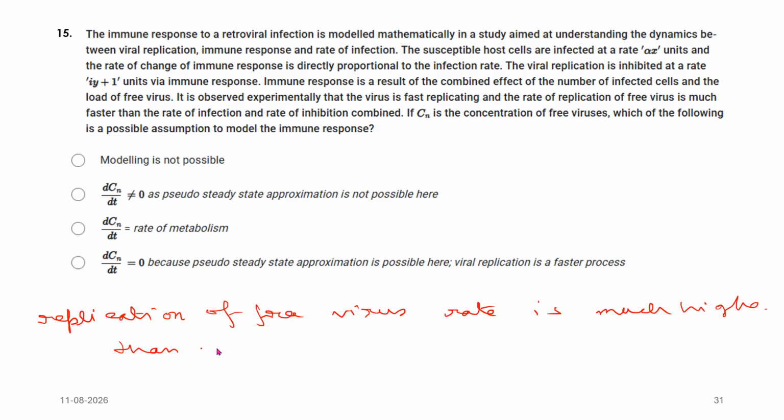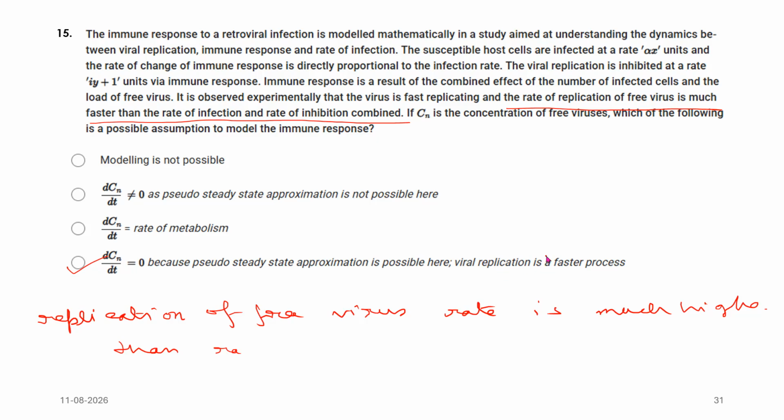This line says the rate of replication of free virus is much faster than the rate of infection and rate of inhibition combined. So we can consider it as the pseudo steady state. So the change in concentration of free virus with time will be 0, because pseudo steady state approximation is possible here. Viral replication is a faster process.